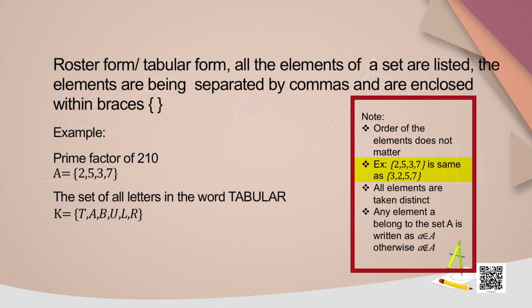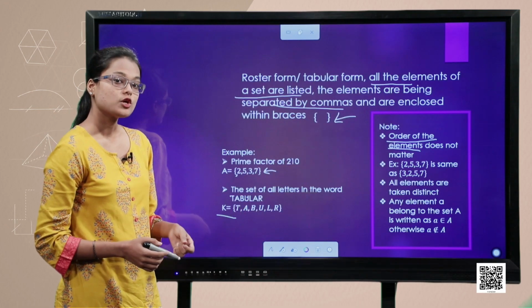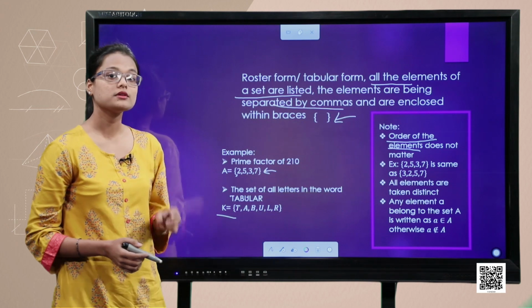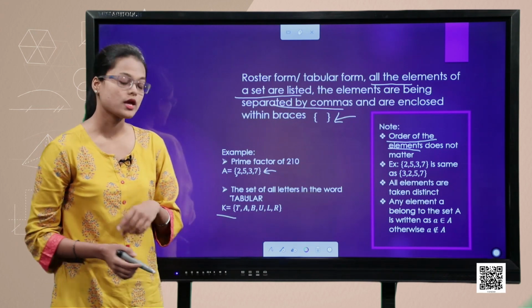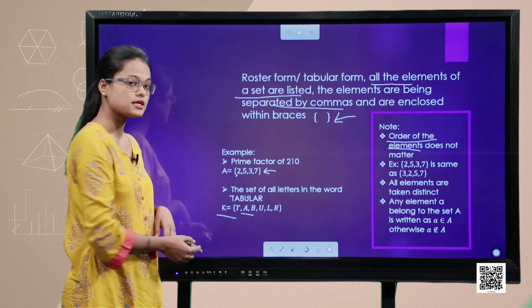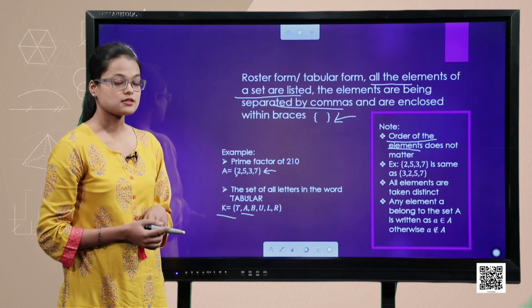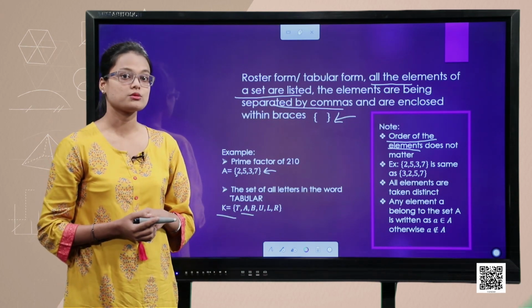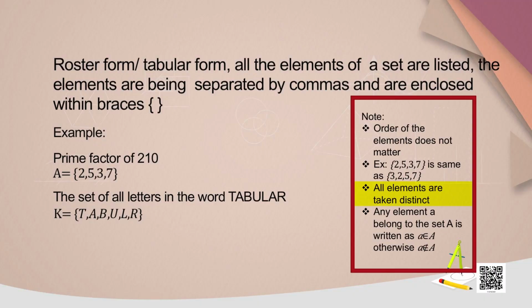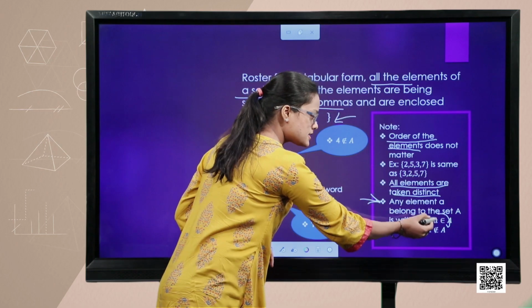Also, in the second example, notice in the word tabular there are two A's, but we have written it only once in our set K. This is a very important observation: all the elements in a set are taken distinct. Next observation: any element a belonging to the set A is written as a belongs to A. Notice this symbol.